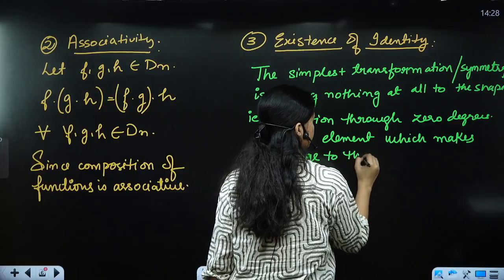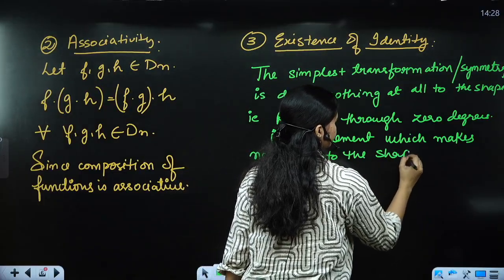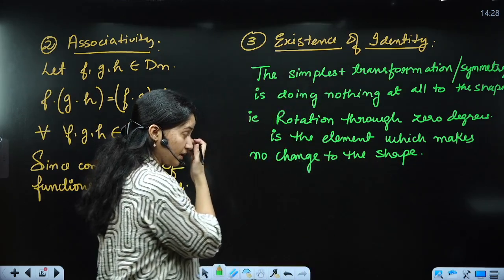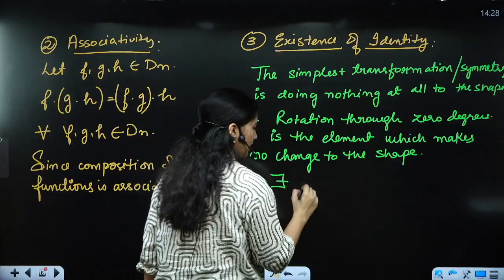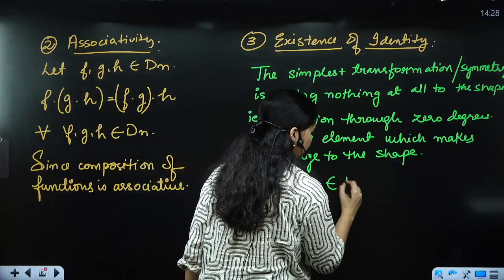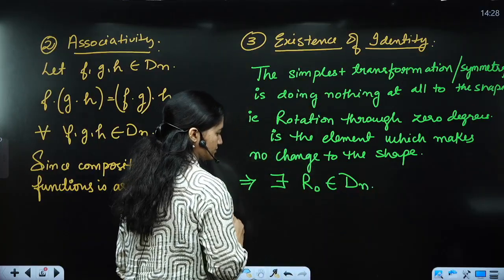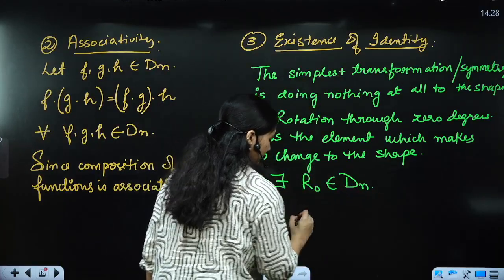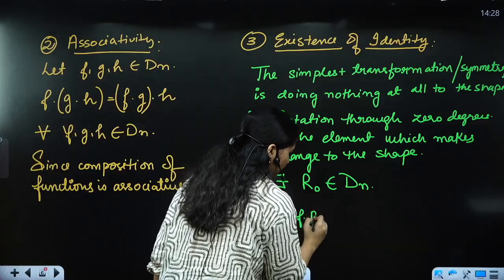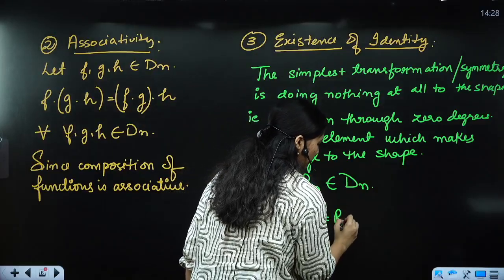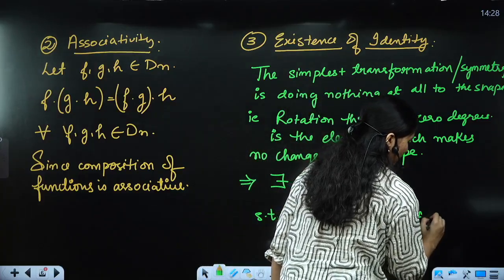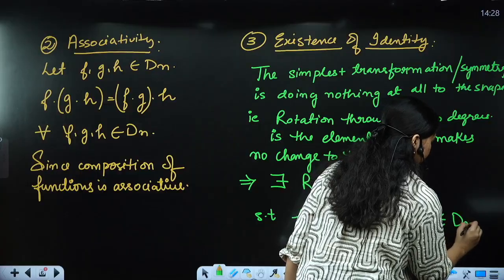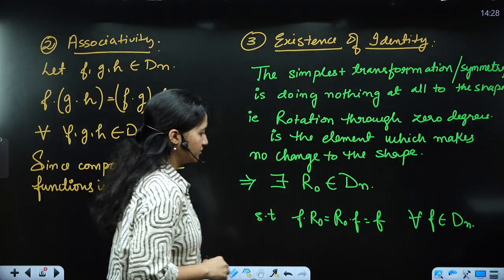So this implies that there exists R naught belonging to Dn such that f dot R naught equals R naught dot f equals f for all f belonging to Dn, right?